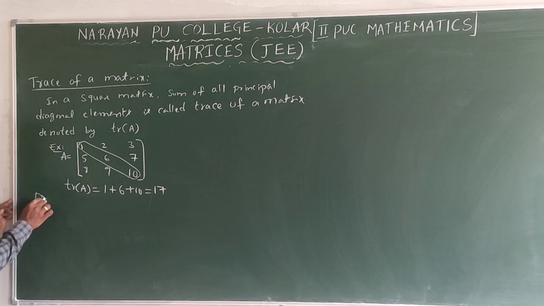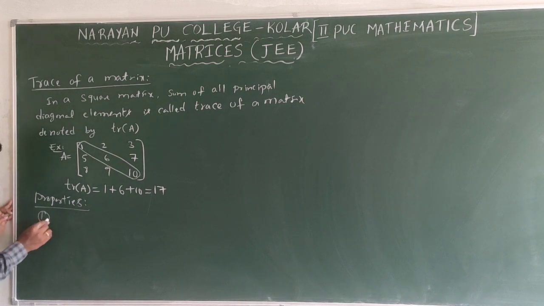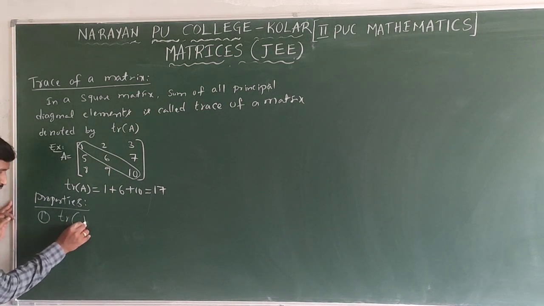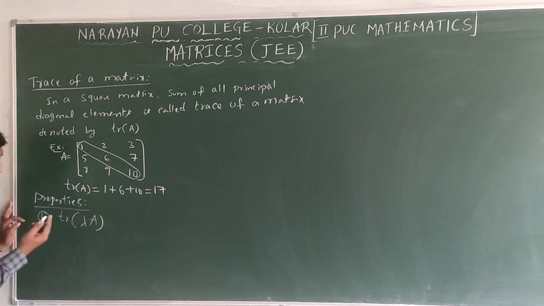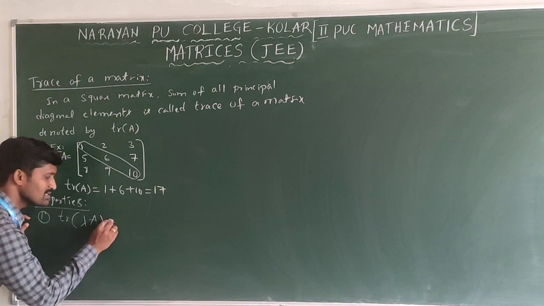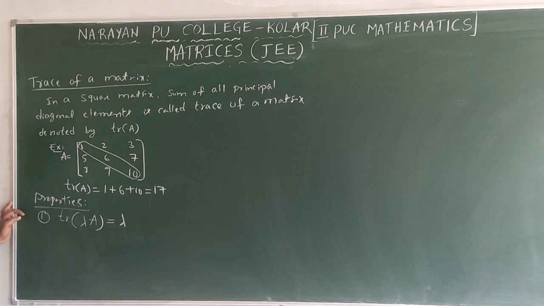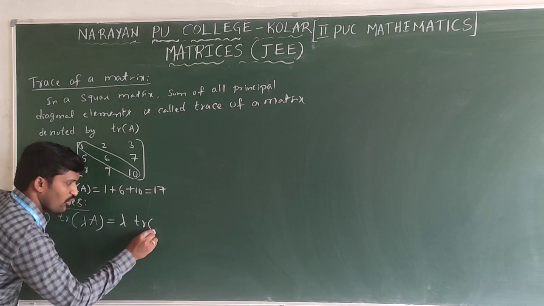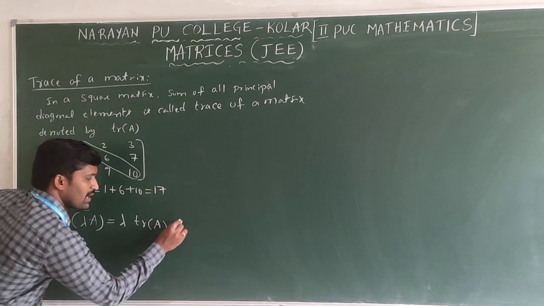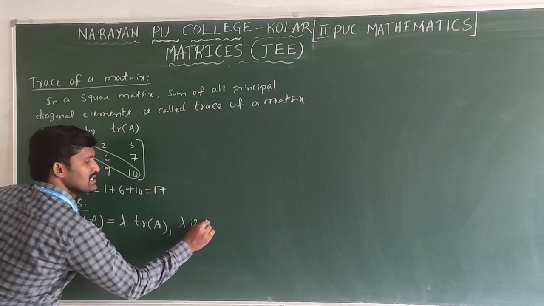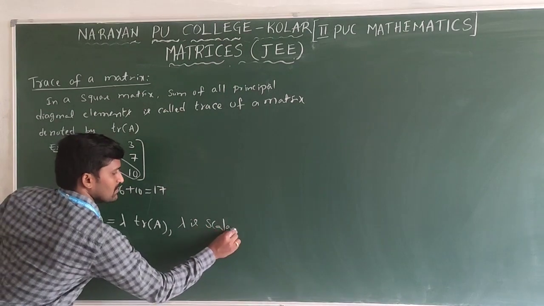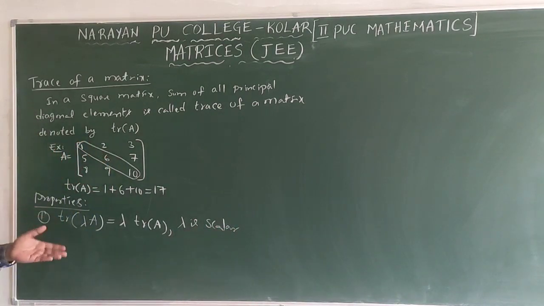There are some properties related to this. First one, trace of lambda A, where lambda is a scalar, equals lambda times trace of A. Lambda is a constant scalar, taken common. Scalar means a non-zero real number.